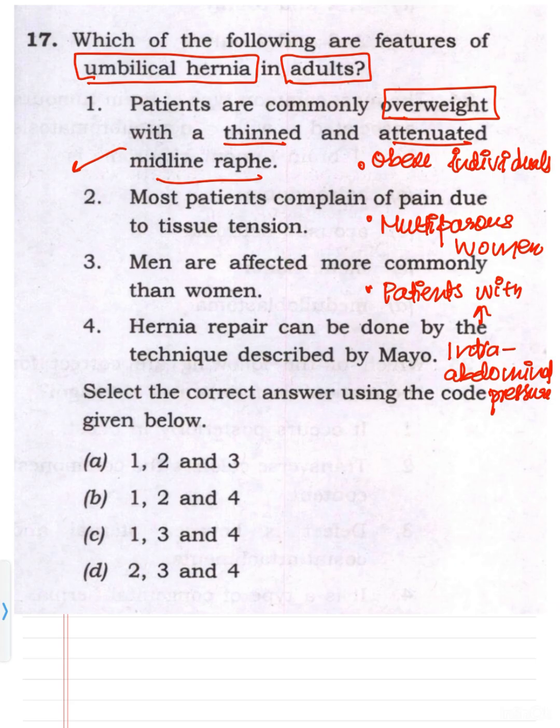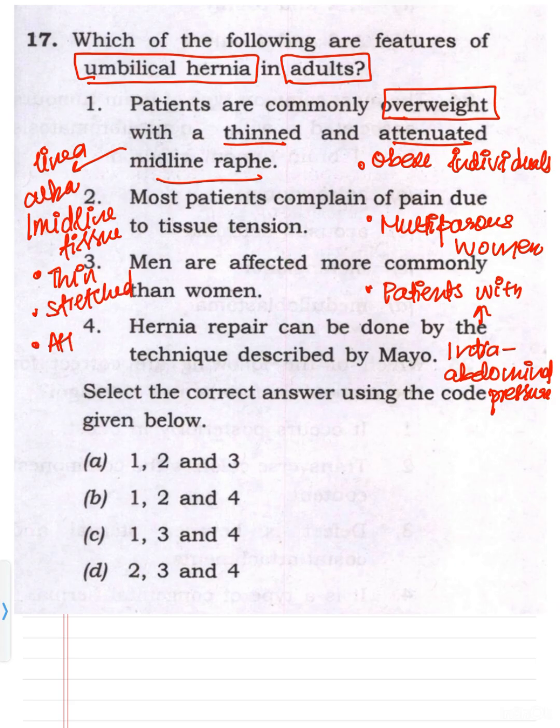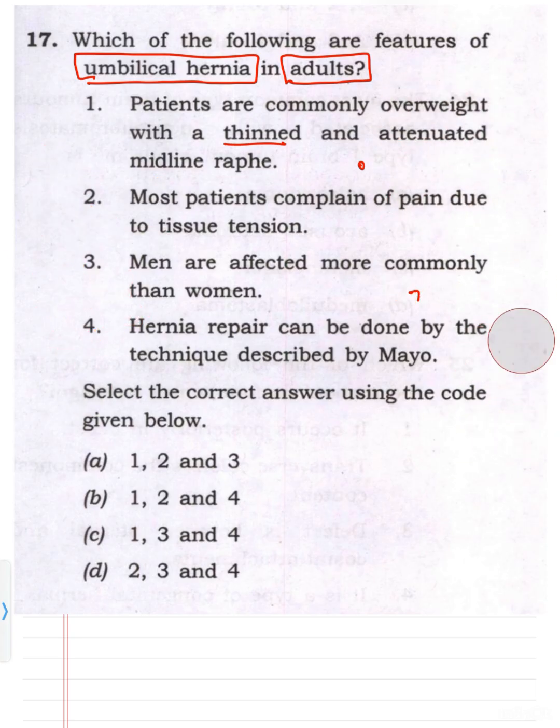So yes, in umbilical hernia, the linea alba or midline tissue becomes thin, stretched and attenuated. So the first option is correct.